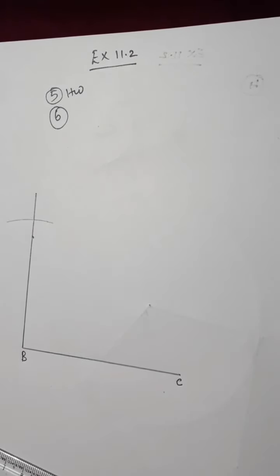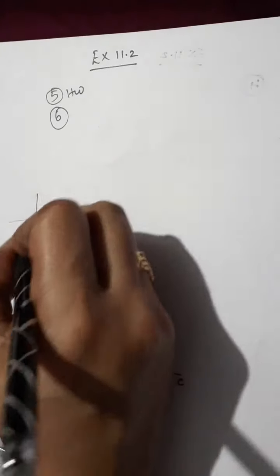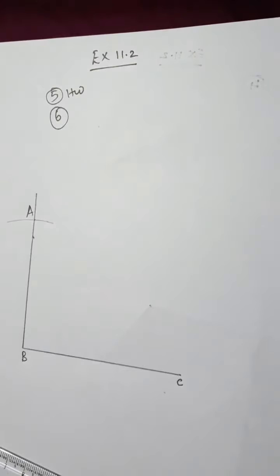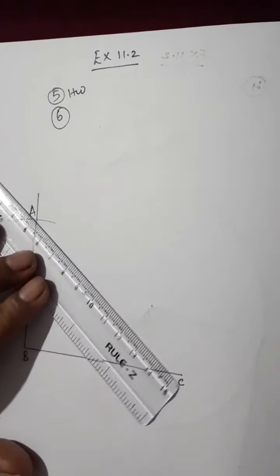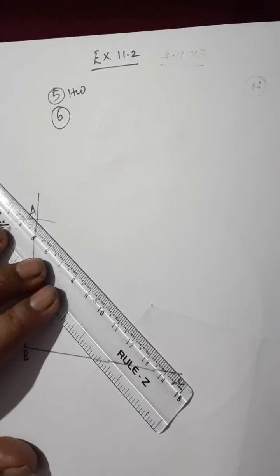Now we get that particular point A. This point is A, and join to get that right triangle.